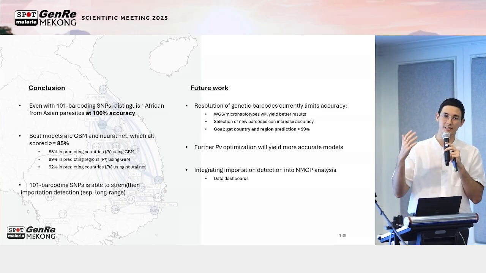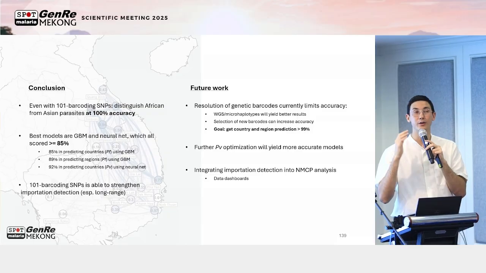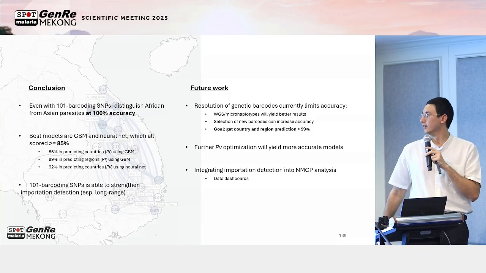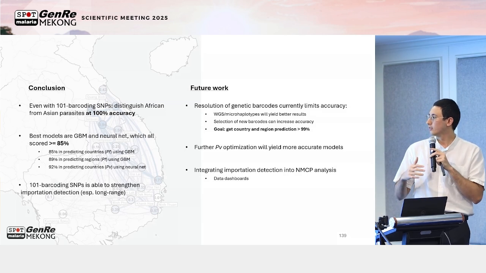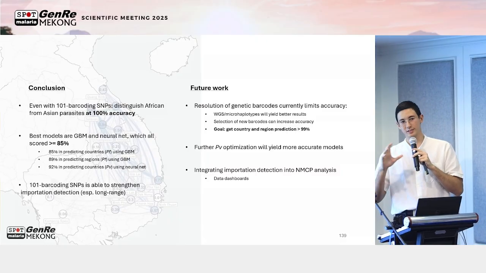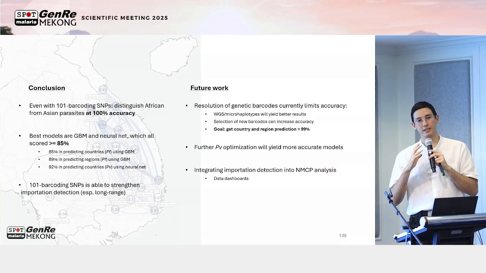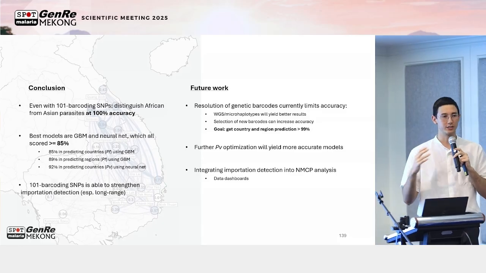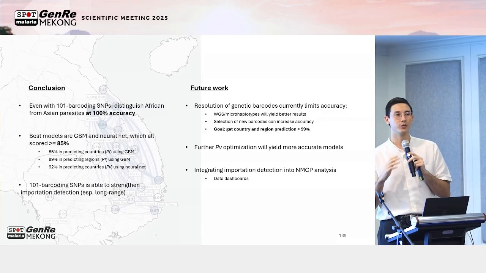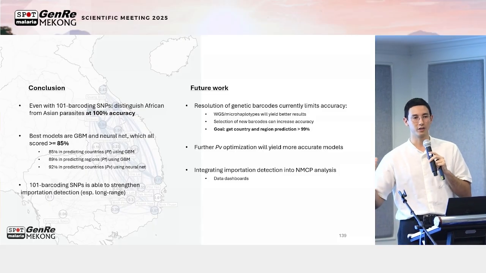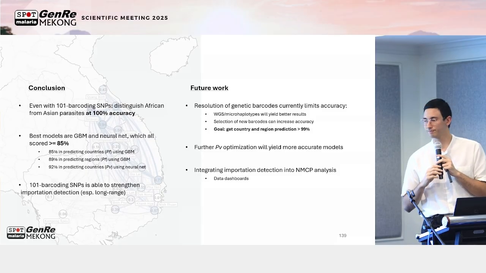The goal here is to get country and region predictions at over 99% accuracy. Next, optimization of the PV models will yield more accurate results because actually the AI models of PV were not trained for as long as those of PF. And so that's just another low-hanging fruit that we can take. Just train the models for longer, they will yield better accuracies.